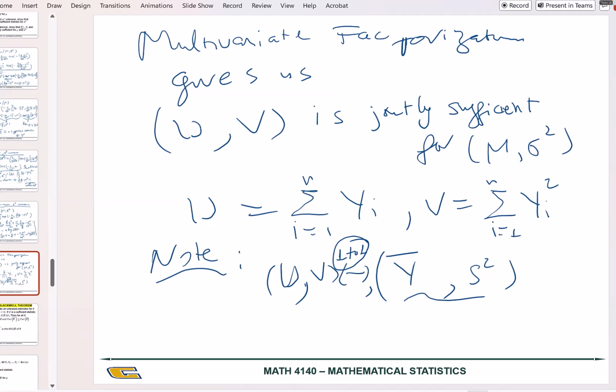Which means if U, V is sufficient, then Y bar, S square is also jointly sufficient. So you have more than one sufficient statistic. Any 1-to-1 transformation of a sufficient statistic is also sufficient. We do have a small proof for that in the notes as well, so if you're curious, you can look at the proof.